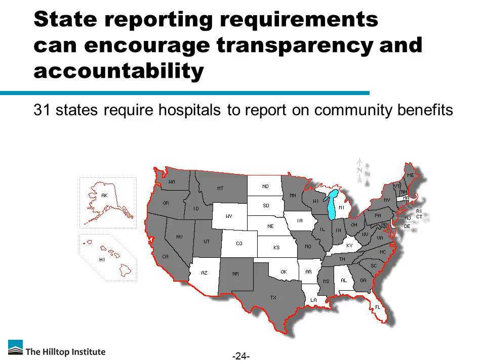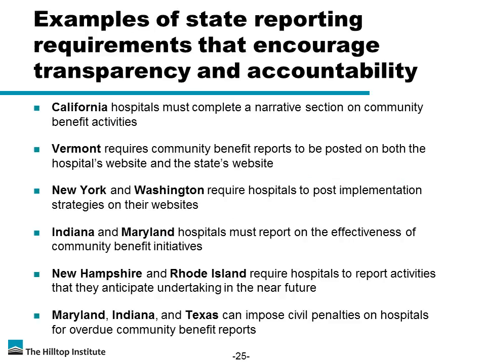Next slide, please. Here are just some examples of state reporting requirements that encourage greater transparency and accountability. For example, California hospitals have to complete a narrative section on community benefit activities. Vermont requires community benefit reports to be posted on both the hospital's website and the state's website. New York and Washington require hospitals to post implementation strategies on their websites.